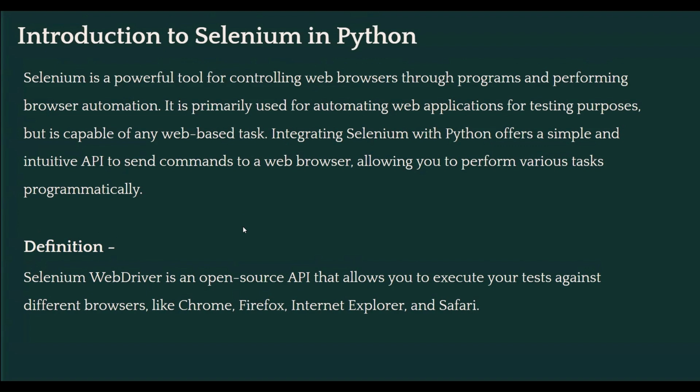We integrate Selenium with Python to offer a simple and easy way to perform tasks in Selenium. Selenium WebDriver is an open source API that allows you to execute your tests against different browsers like Chrome, Firefox, Internet Explorer, and Safari.